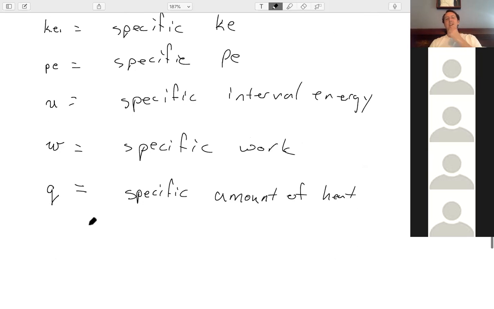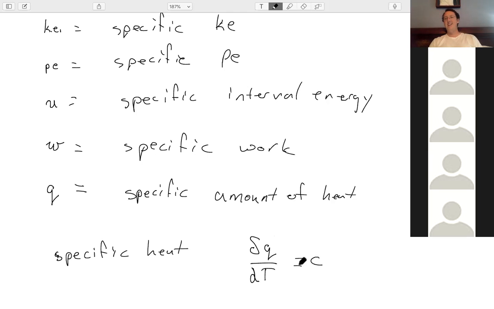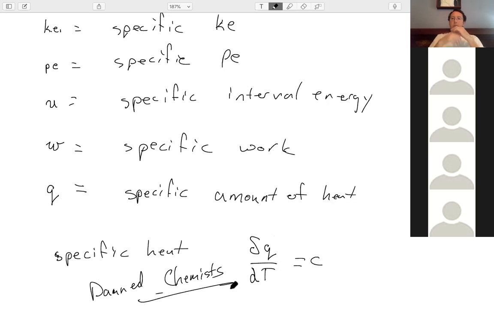Okay. It turns out specific heat is already taken. And it's actually equal to the differential amount of heat divided by change in temperature. And the symbol for that is C. Okay, so damn chemists, they took my term.